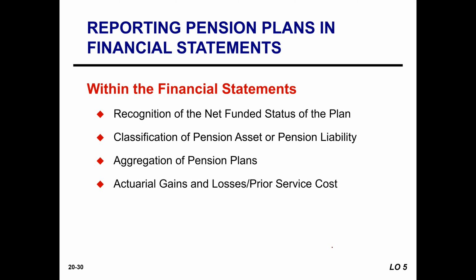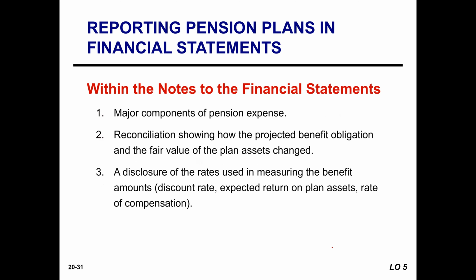And so again, they show us examples of this on page 1138, 1139. Within the notes to financial statements, and we've got a few slides that talk about this, we should, number one, disclose major components of the pension expense.